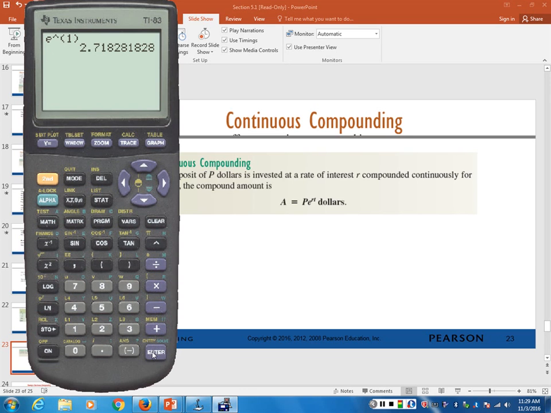We don't usually go beyond that, but it actually is an irrational number like pi. Just like pi is defined as the ratio of a circle's circumference to its diameter, e is the natural logarithm of 1. That's just what it is.